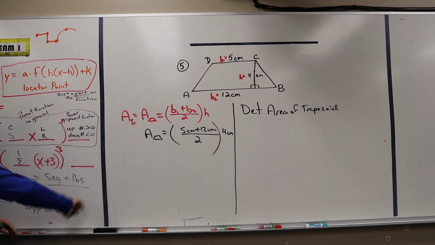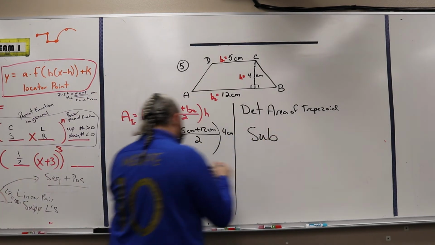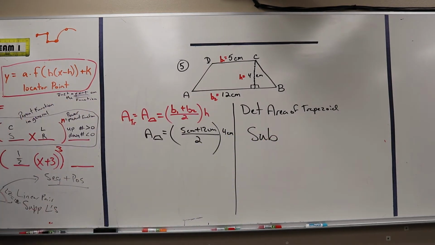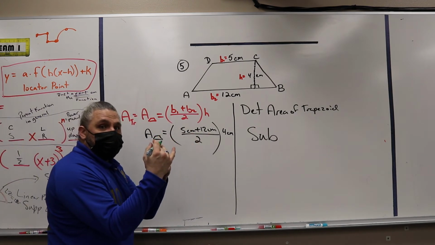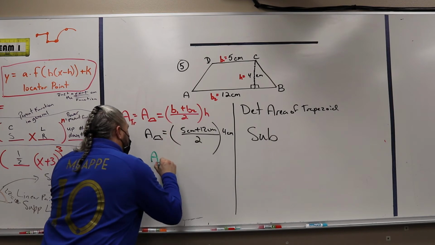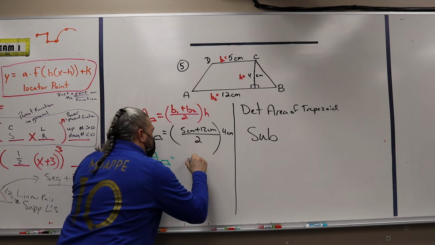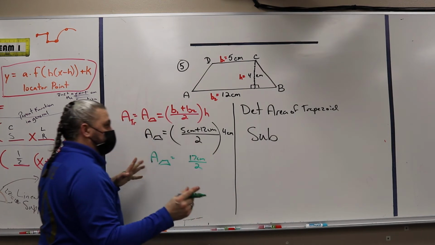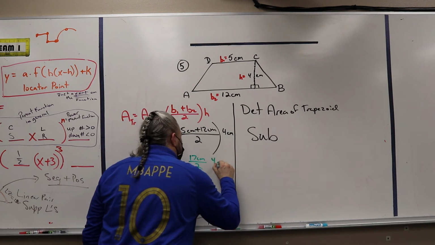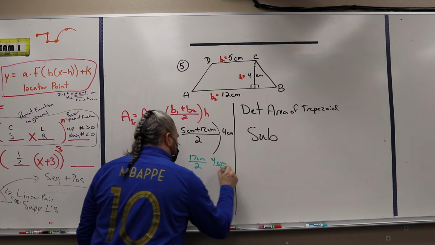Okay, then what? What's the property there? What did you do? Substitution. Okay, then what? You combine like terms. So in the parentheses first, right? So the area of a trapezoid equals 5 and 12 is 17 cm over 2, times 4 cm, really over 1, right?